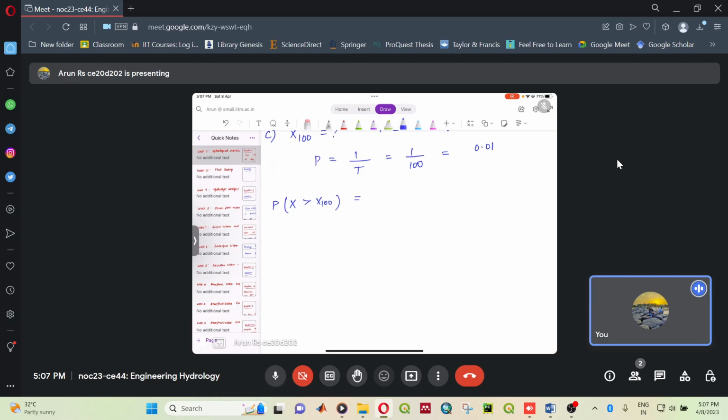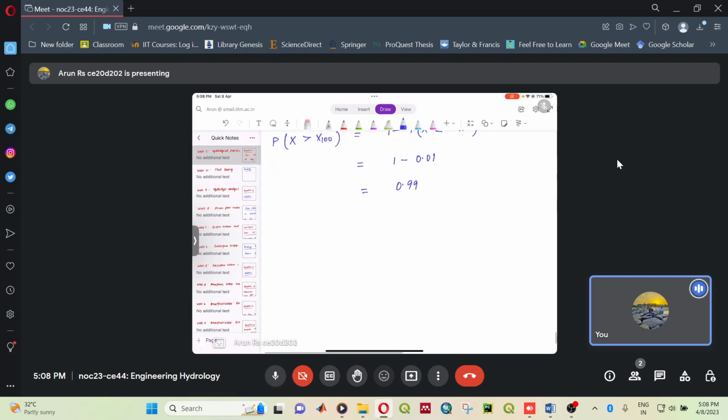That is nothing but 1 minus probability of x less than or equal to x 100, that is 1 minus 0.01, that is 0.99.